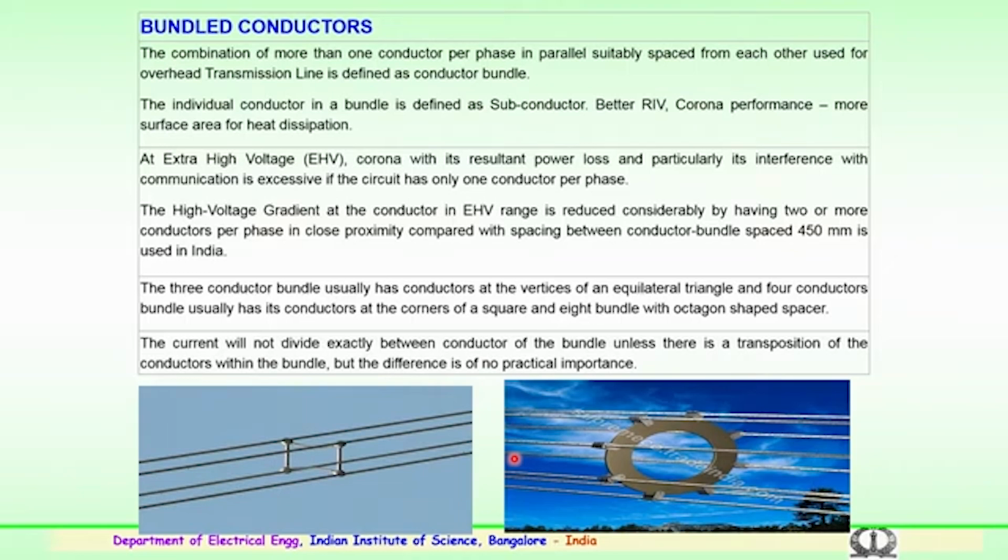The high voltage gradient at the conductor, particularly in the extra high voltage range, is reduced considerably by having 2, 3, 4 or more conductors per phase in close proximity compared with the spacing between the conductor bundles.